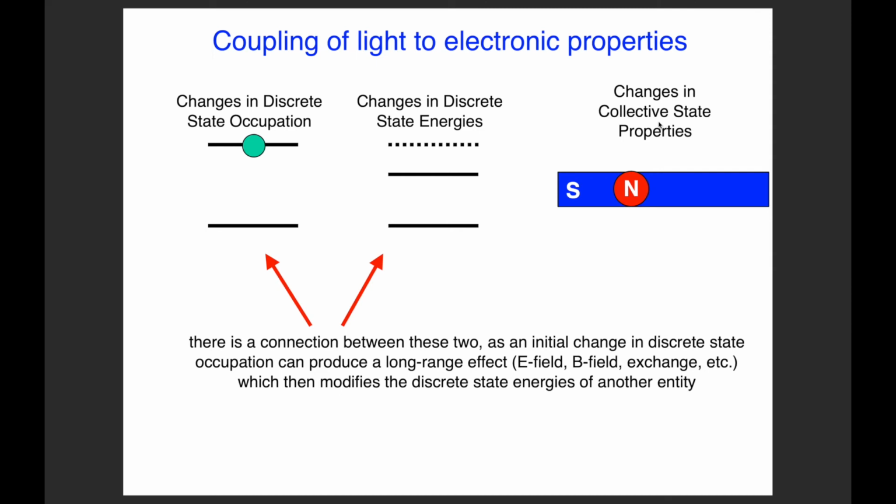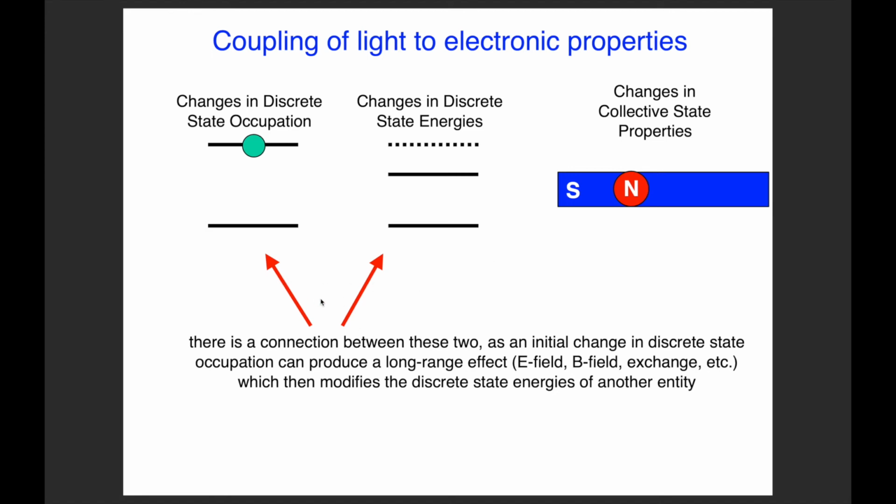So when we think about how we couple light to electronic properties, there are a variety of ways that one might approach getting single photon detection. Typically, one can imagine changing the discrete state occupation, as indicated here. One can change the discrete state energies by shifting them in response to some effect, or you can change collective state properties, such as you might have in a superconducting nanowire detector.